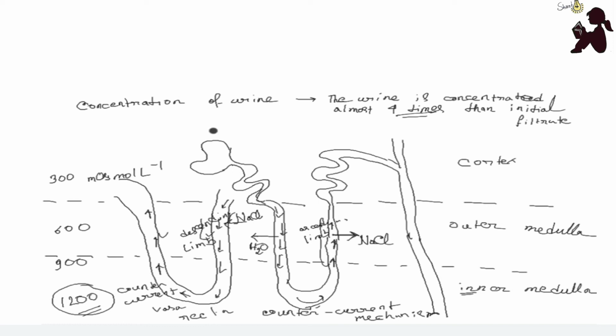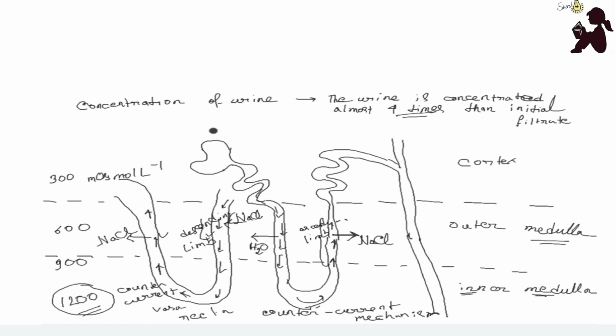And again from the ascending limb it can get out into the interstitium. So this is how the osmolarity in the medulla is maintained.